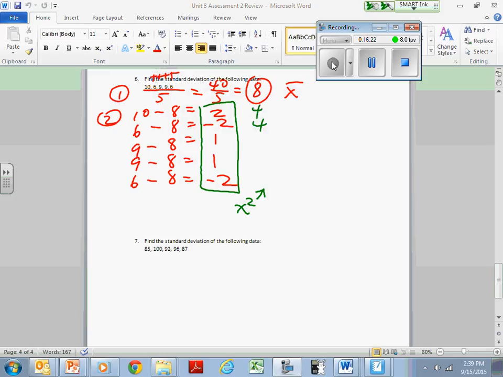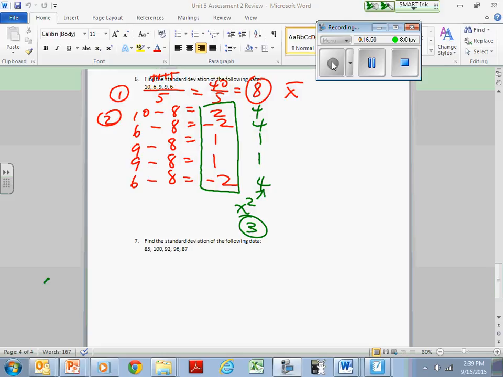Negative 2 times negative 2 is a positive 4. 1, 1, positive 4. These are weird numbers. Look at them, see how you feel about them. See if you're like, where'd you get that? You squared all of those numbers? Each individual one, I squared it: 2 times 2, negative 2 times negative 2, 1 times 1, 1 times 1, negative 2 times negative 2. That's step 3. I'm going to put a 3 here. There are 5 steps.